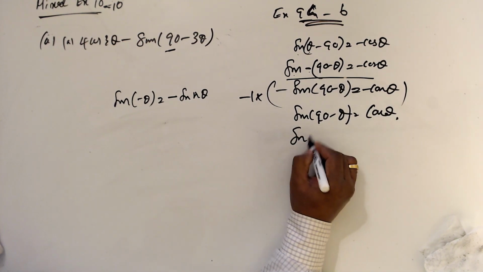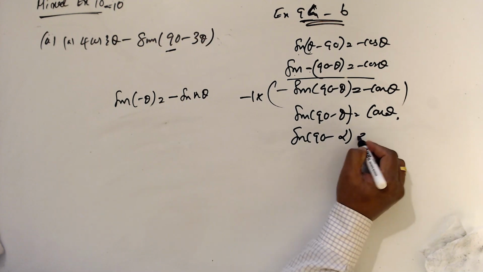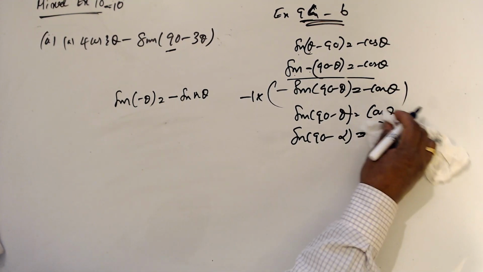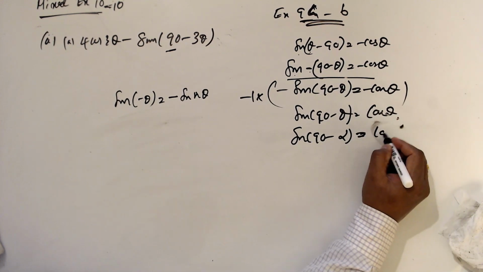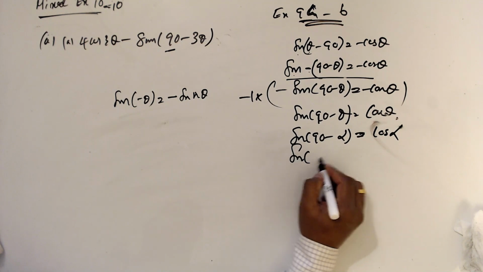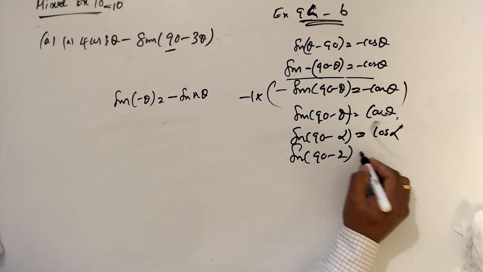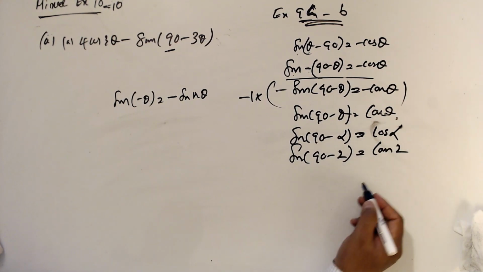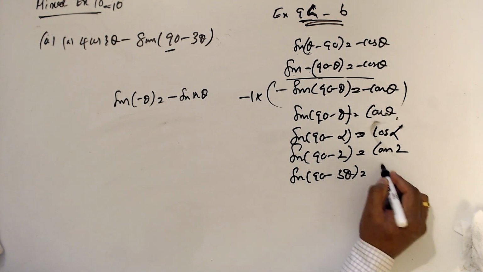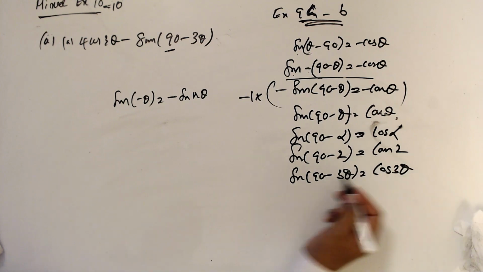It means sine of 90 minus alpha equals cos alpha. Sine of 90 minus 2 theta means cos 2 theta, and sine of 90 minus 3 theta means cos 3 theta.